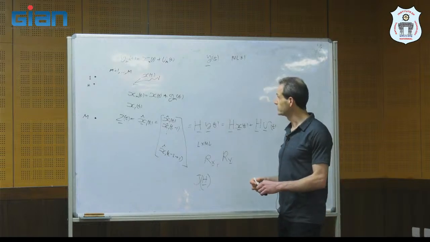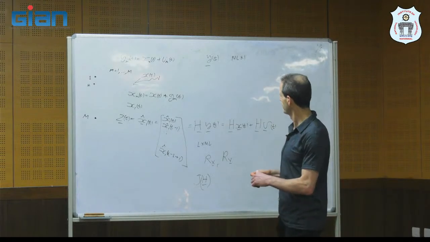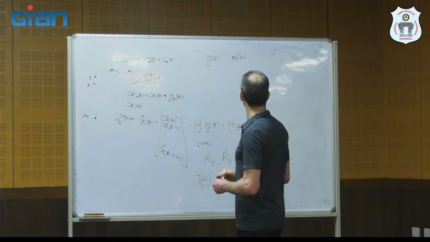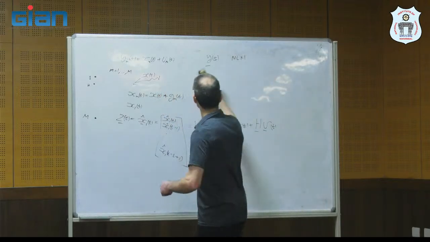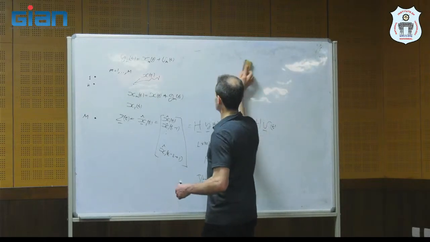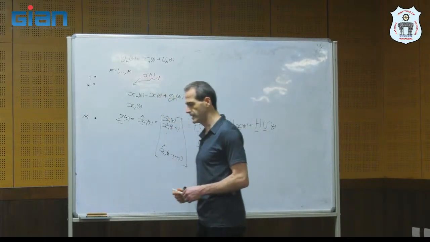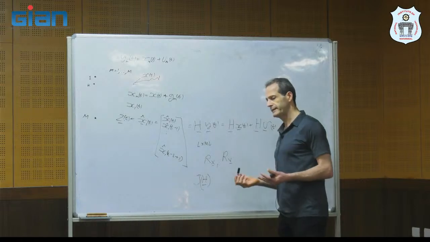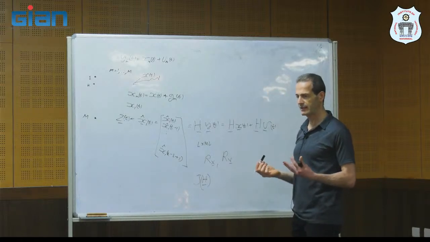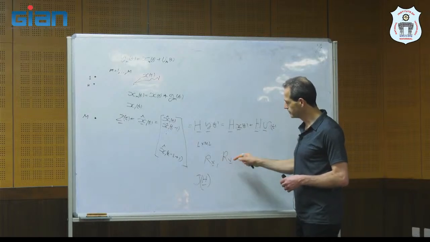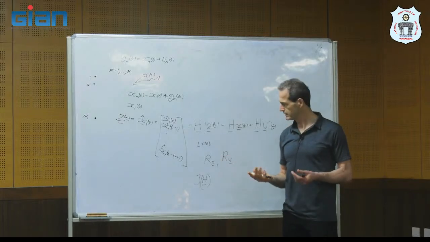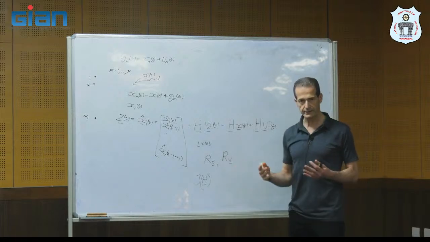Okay, so what we did, I can write it here. We said, let's find the generalized eigenvectors and generalized eigenvalues of these two matrices. So we know that these two matrices are symmetric, and also they are full rank.